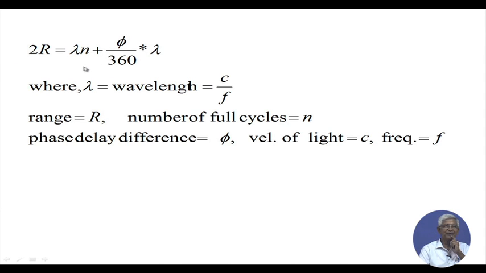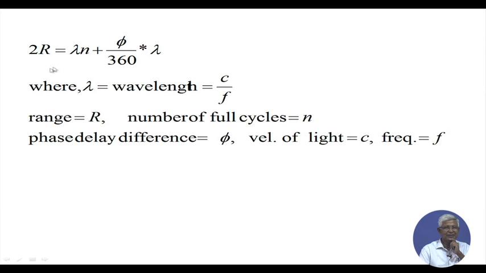So the phase difference will be n times lambda plus a fraction of lambda, which can be called phi by 360. Lambda is the wavelength, which is c by f. Range is r, the number of full cycles is n, the phase delay difference is phi, the velocity of light is c, and frequency is f.